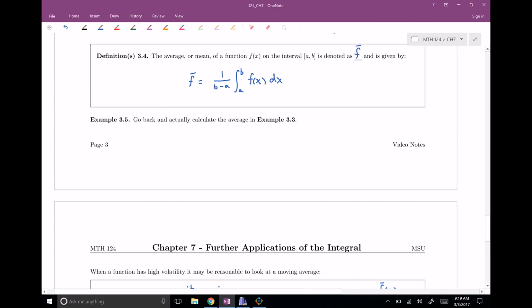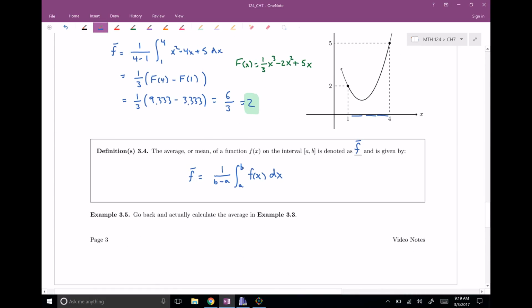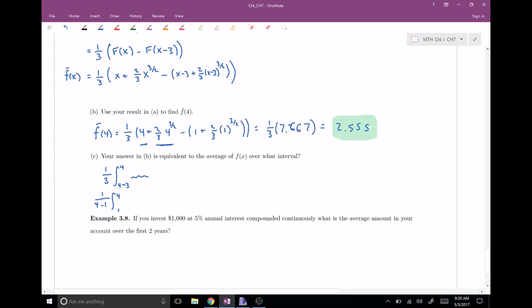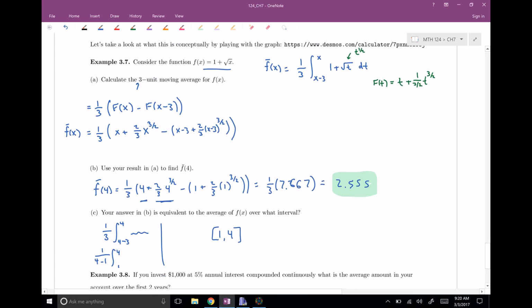That lines up with our previous definition here. 1 to 4, 4 minus 1, right? All lining up. So it is equivalent to the average of f of x over the interval 1 to 4. So, again, these moving averages are actually computing average heights of a function.